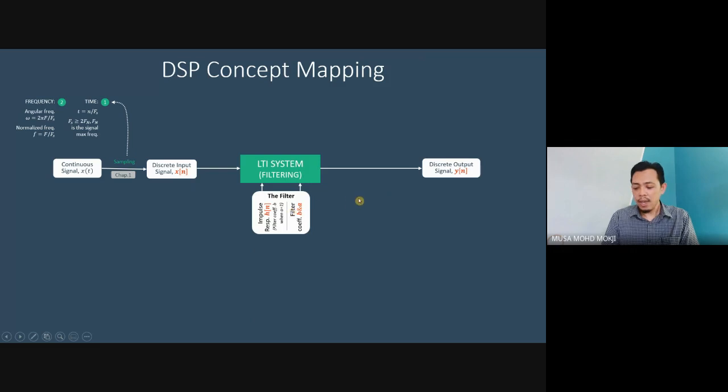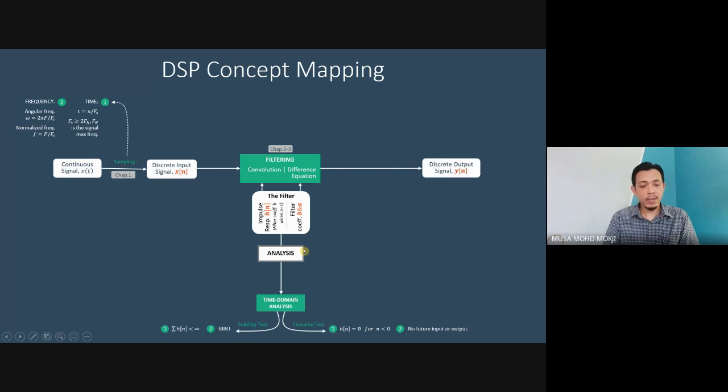When we do filtering, either you solve a convolution or you solve the difference equation, because an LTI system can be represented in two ways: one is a difference equation, another is an impulse response. Using the impulse response, you do convolution. If you don't do convolution, you solve using the difference equation.